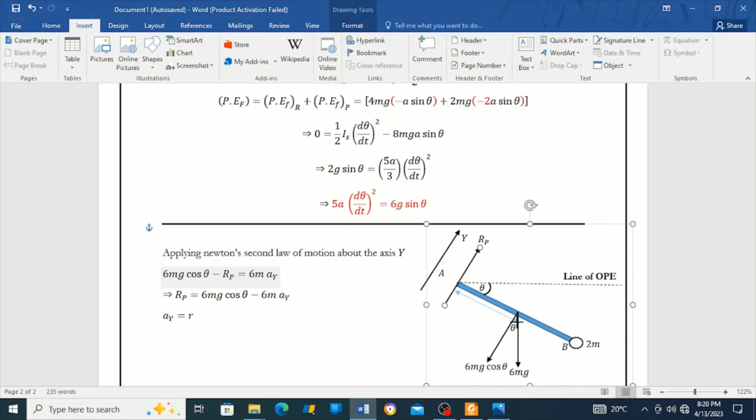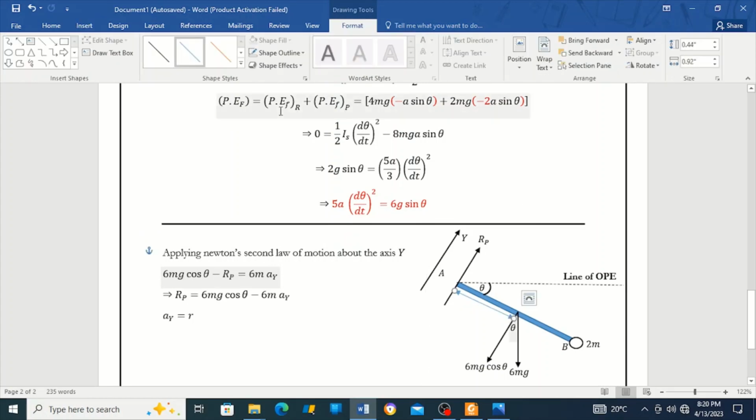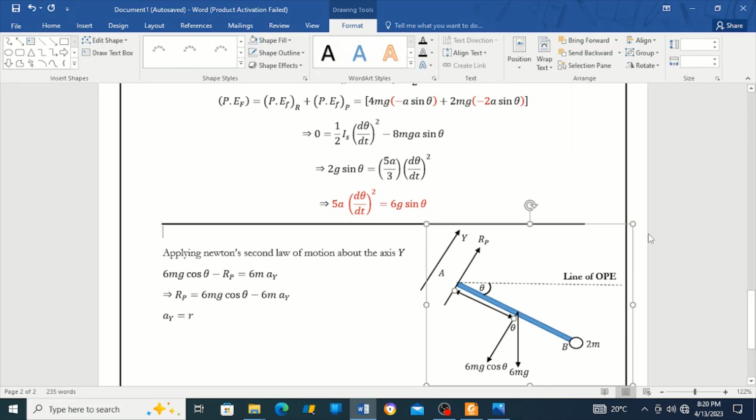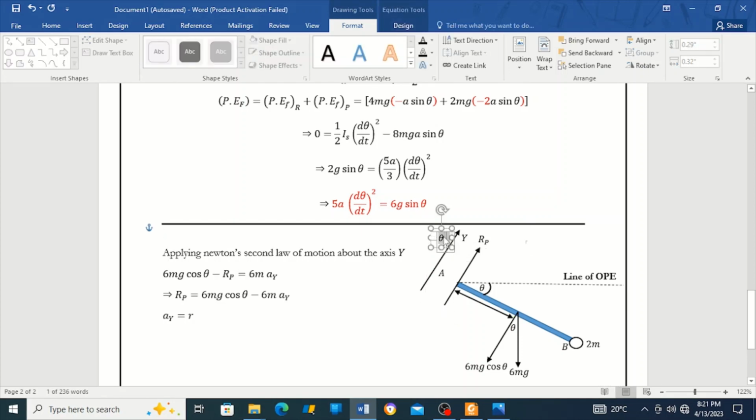Not drawn to scale, but I'm just trying my best. So that's r.